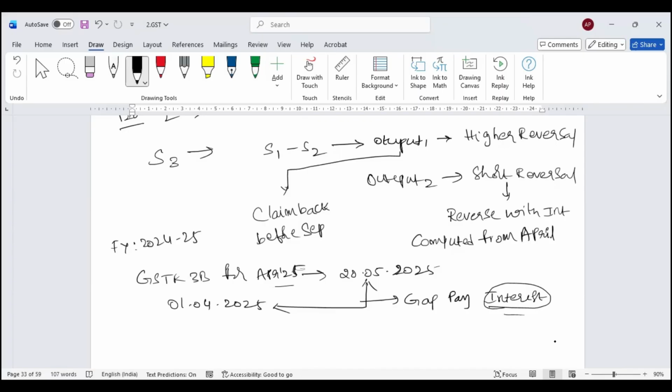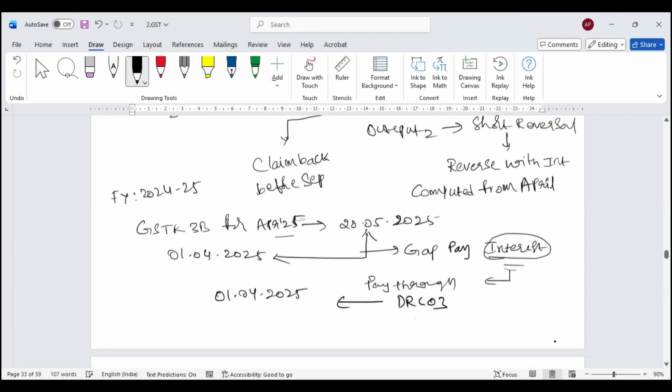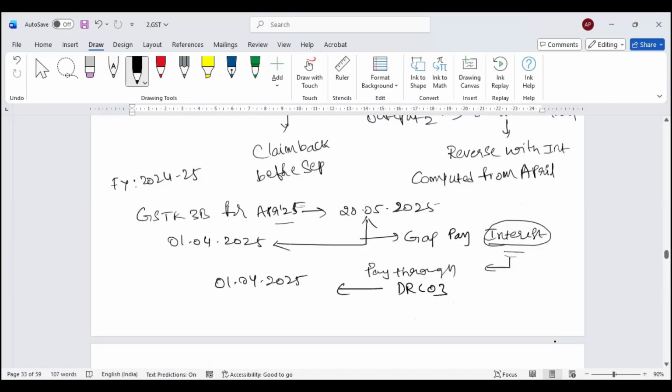Now, if I want to save my interest, what can I do? I can pay through DRC03 on 1st April itself. On 1st April 2025 itself, you try to pay this particular money so that you can save your interest. This is what law is expecting from your section 17. Are we clear?